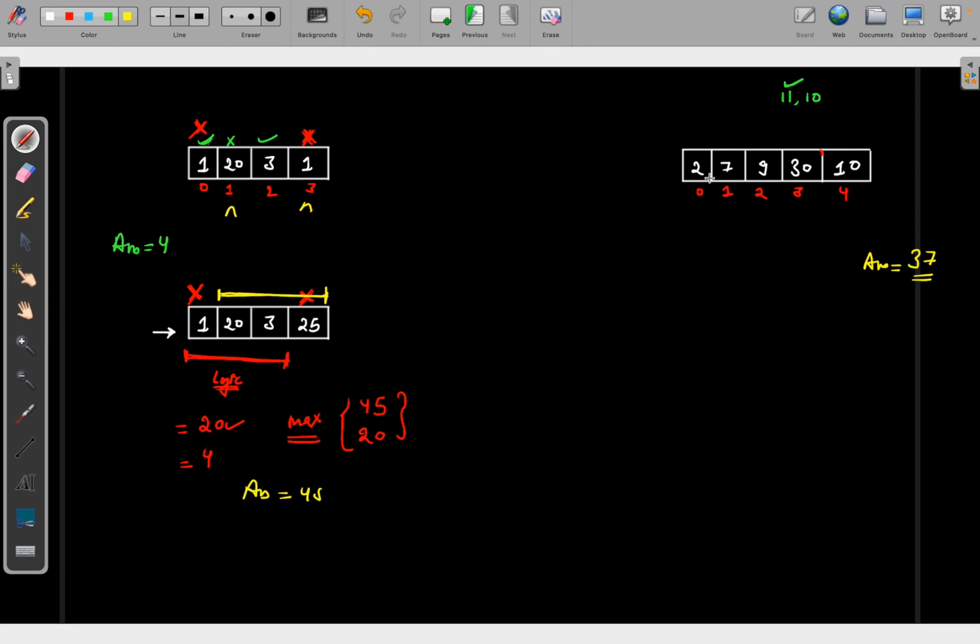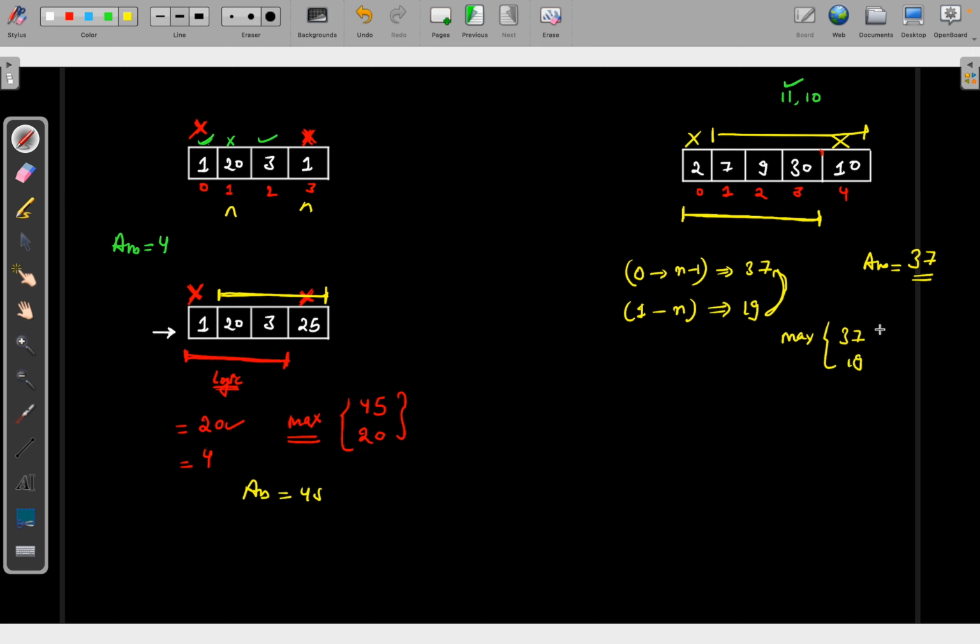Now, if I am ignoring this one and taking my array from 1 to n, the maximum answer in that case will be 10 plus 9, 19. I will take the maximum of the two, 37 and 19. I will get 37. Yes, 37 will be my answer.